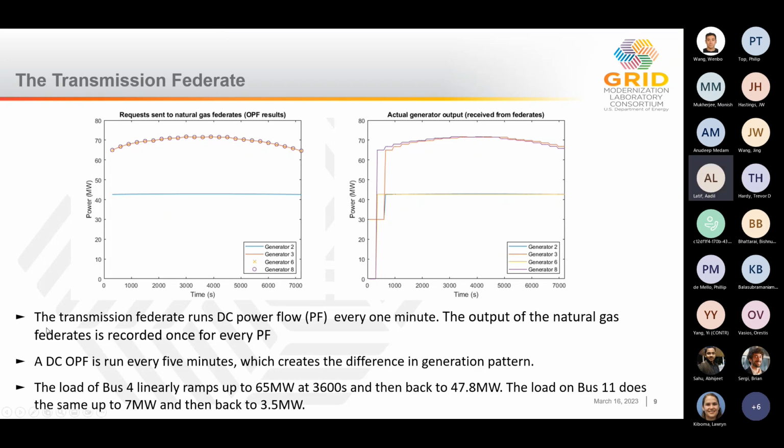What I show in this graph here is what the transmission essentially is doing with the natural gas: it is asking for a particular amount. We've got natural gas generators on the natural gas federates. The transmission federate requests a certain amount of megawatts. If the supply is sufficient, the natural gas federates would be able to supply it.